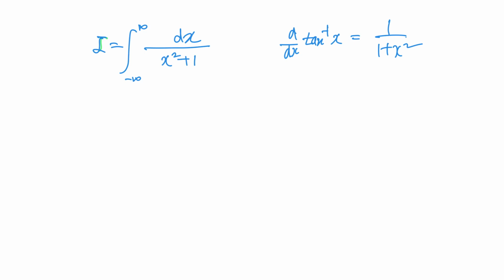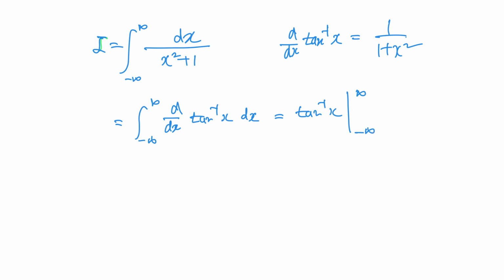So this is basically tangent inverse x from minus infinity to infinity. Tangent is infinite when the angle is pi over 2, and minus infinite at minus pi over 2. So the answer is pi.